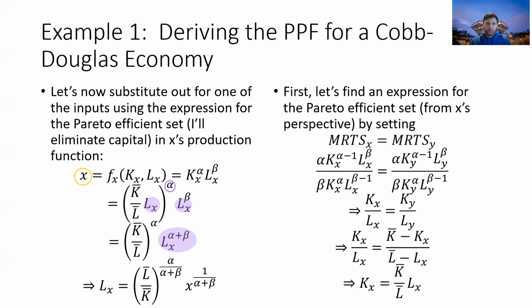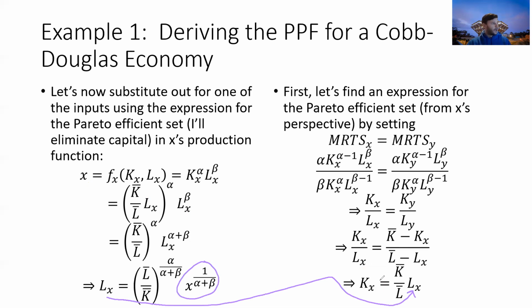If you're wondering why didn't you solve for KX? Well, we did that first already in the bottom right. That was the expression for that Pareto efficient set. There it is, PE set. What I'm going to do now is plug this in to the Pareto efficient set. And you'll notice what we've done is we've written L as a function of the output. X is how much output the firm is producing.